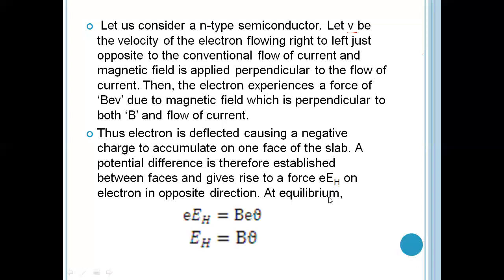At equilibrium, force due to the electric field and force due to the magnetic field balance each other. Therefore, eE_H is equal to Bev. On both sides, you can cancel the charge of electron, leaving the Hall field E_H equal to the applied magnetic field B and the velocity of electron v.